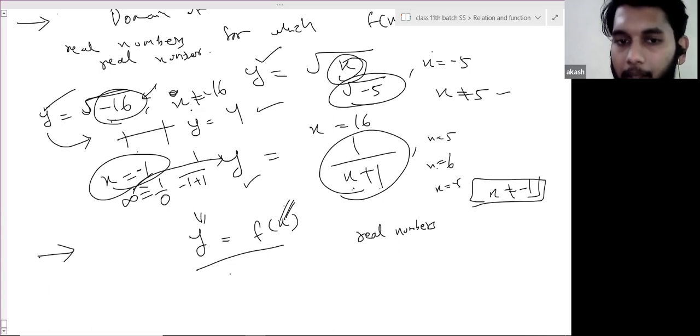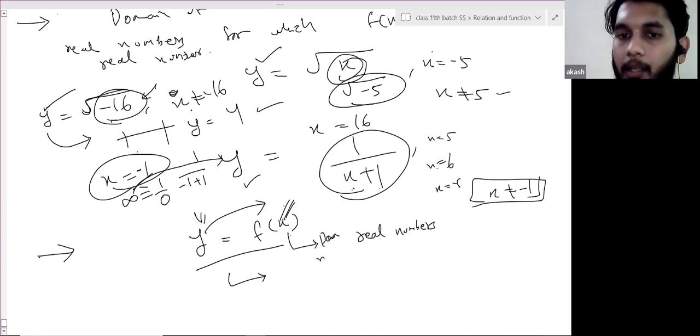Now, what is the domain of a real function? All x for which y is a real number. That will be the domain of real functions. This thing is clear enough?